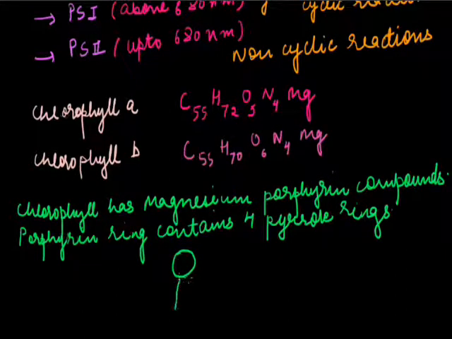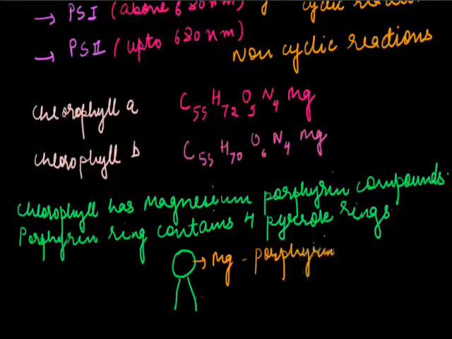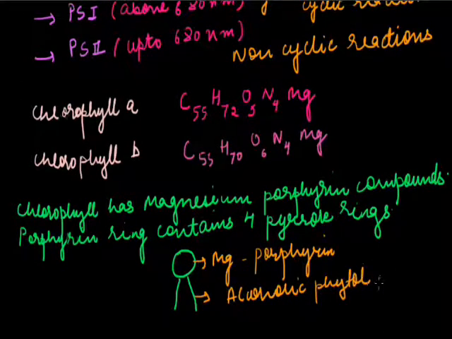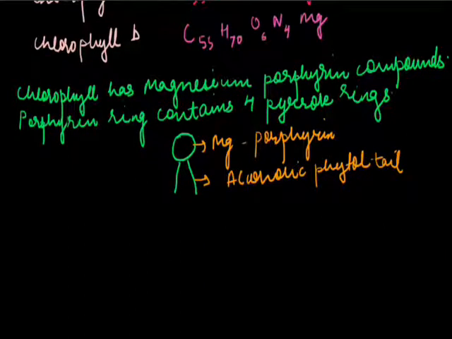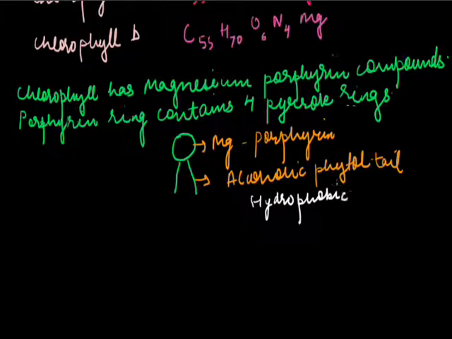The head of the chlorophyll molecule is made up of magnesium and porphyrin, while the tail portion is made up of alcoholic phytol. The tail portion of chlorophyll is hydrophobic, whereas the head portion is hydrophilic.